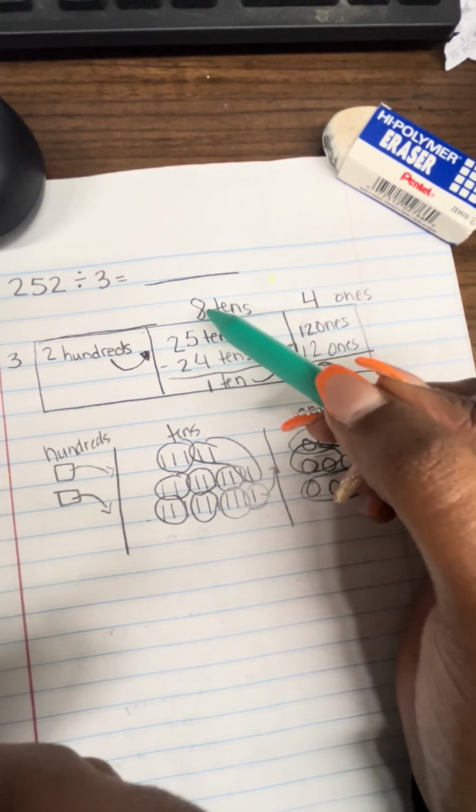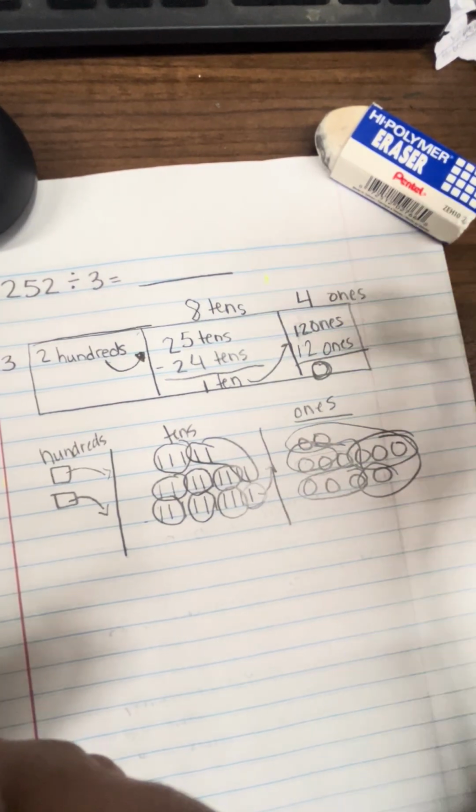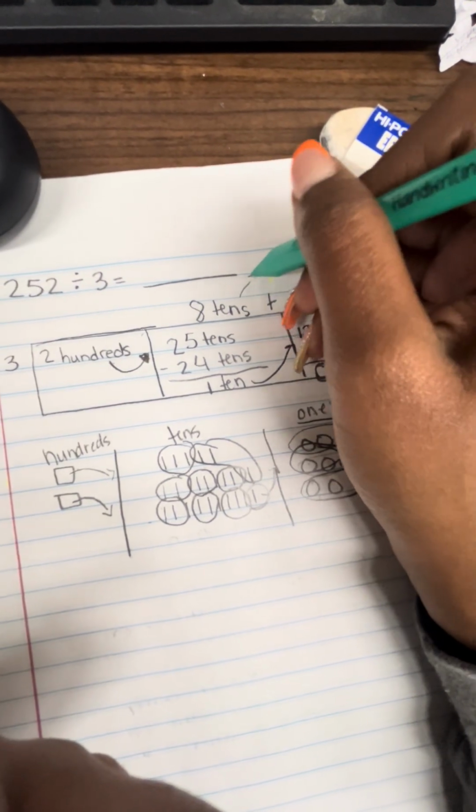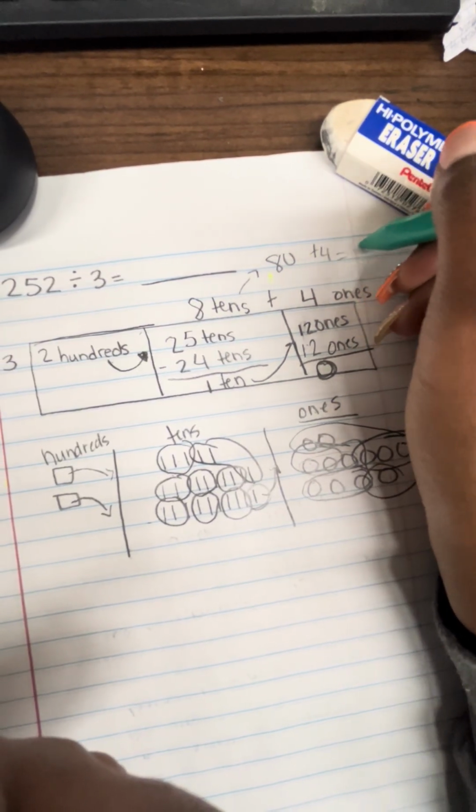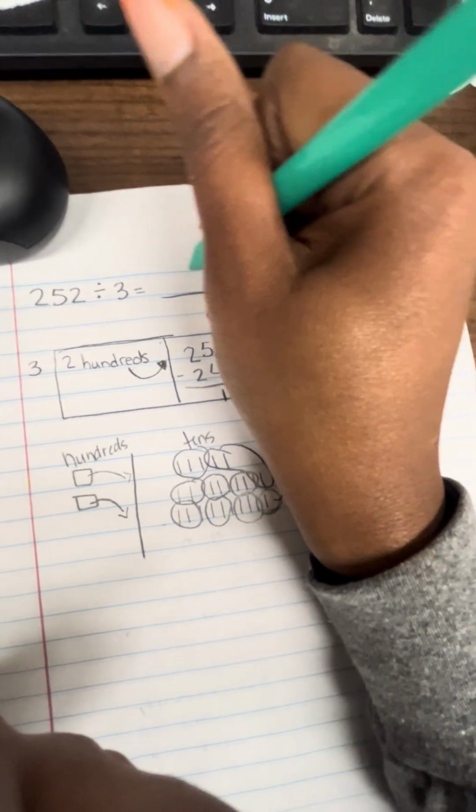So my partial quotient is 8 tens and 4 ones. So 8 tens is 80, plus 4 ones equals 84.